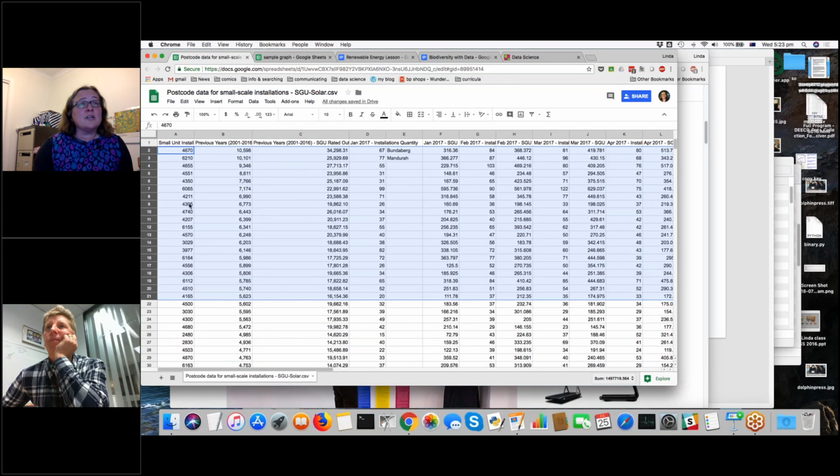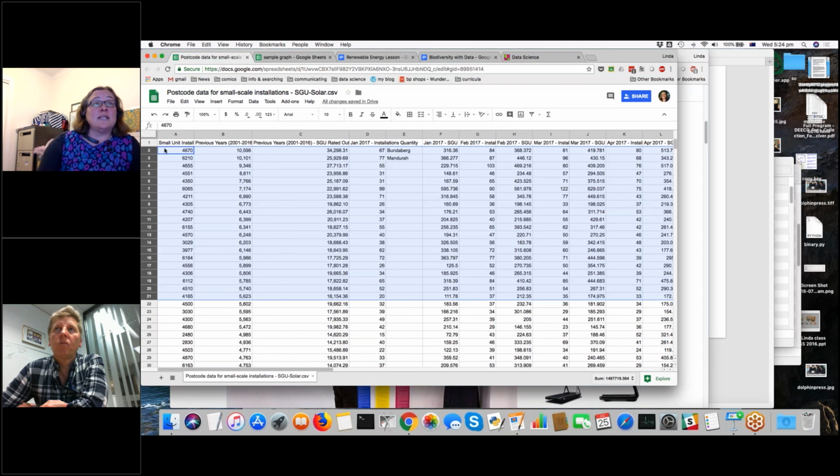And if you look, you can see that most of the postcodes in this top 20 start with a 4. There's a few 6s, and there's two Victorian postcodes. So what we're looking at is that WA and Queensland have been really good in their installation.